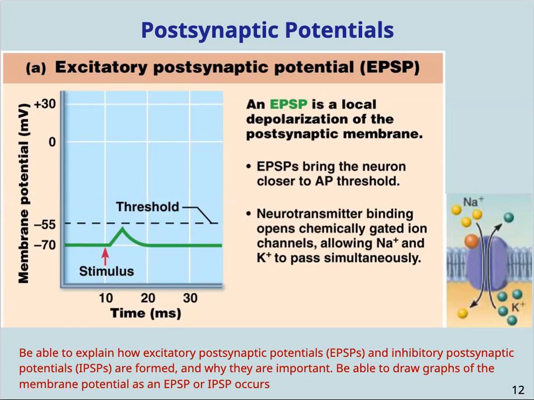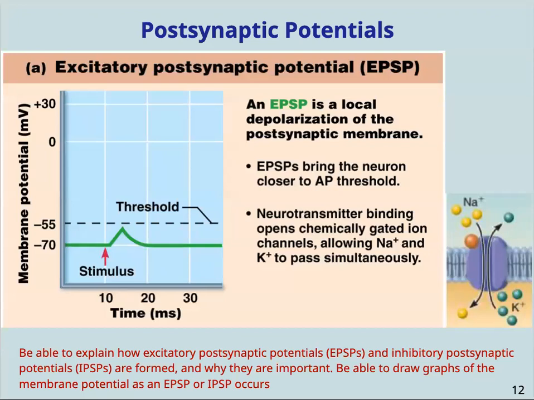That dramatic polarity reversal that we see in axons pretty much never occurs in postsynaptic membranes that contain only chemically gated ion channels, because of that opposite movement of potassium and sodium, preventing excessive positive charge from accumulating inside the cell. So instead of action potentials, we see depolarizing graded potentials that we call excitatory postsynaptic potentials, EPSPs, occurring at excitatory postsynaptic membranes.